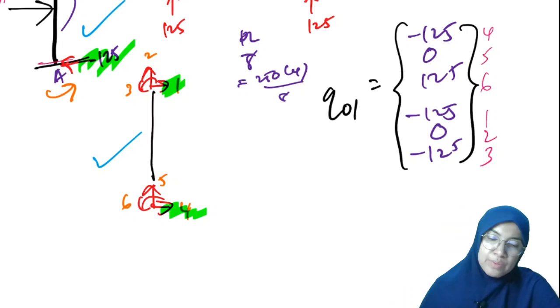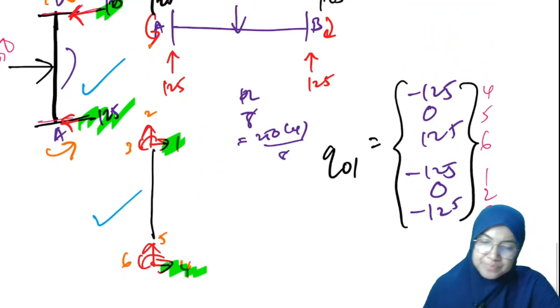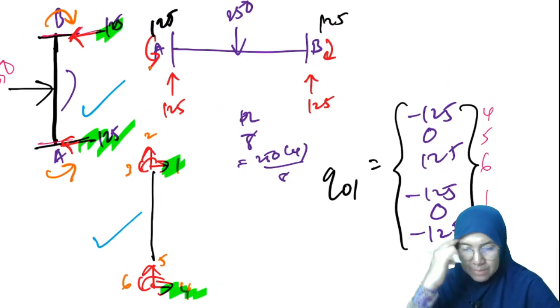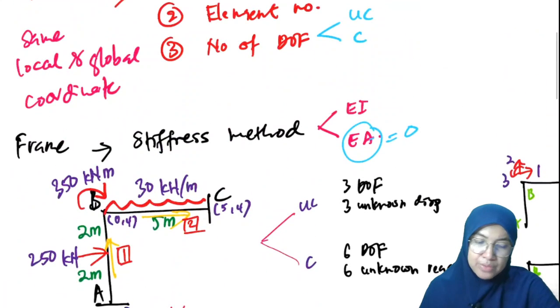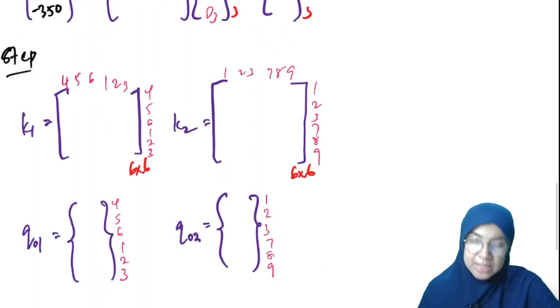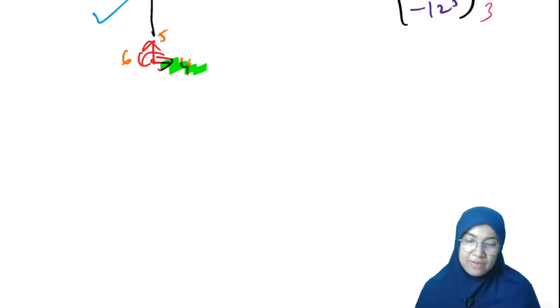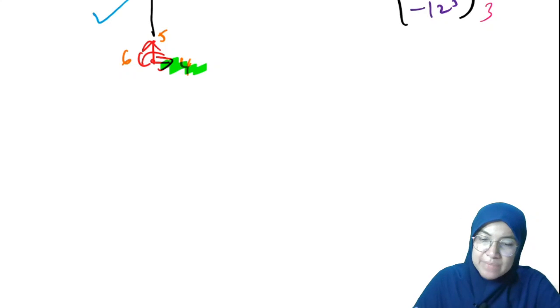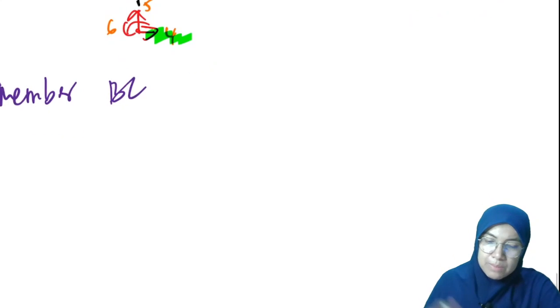We get this. So we move to element number 2. Let's look back at the diagram. The UDL length is 5 meter. This is member BC.